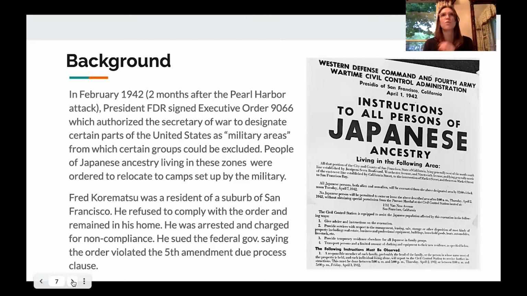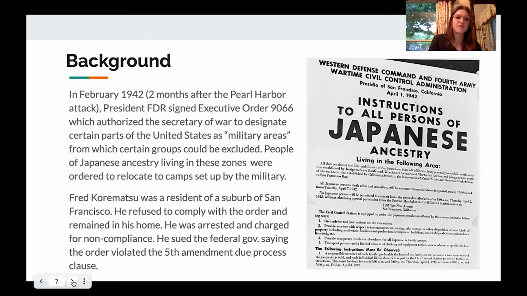The Secretary of War could designate areas as military areas, and they were confirmed by Congress. And so they were able to exclude people from certain groups from this executive order, which was to exclude people of Japanese ancestry from these specific military zones.